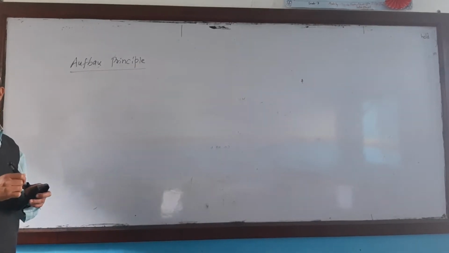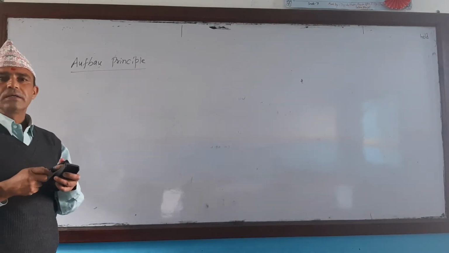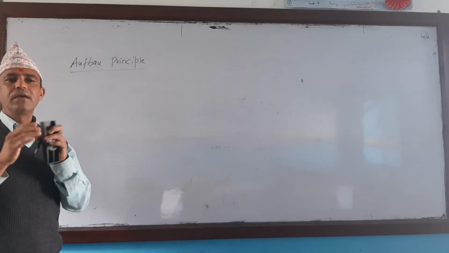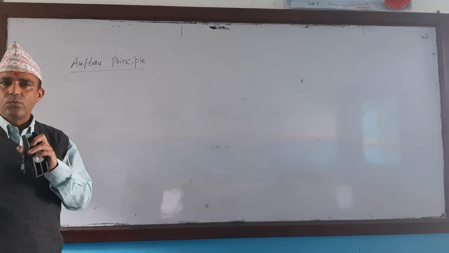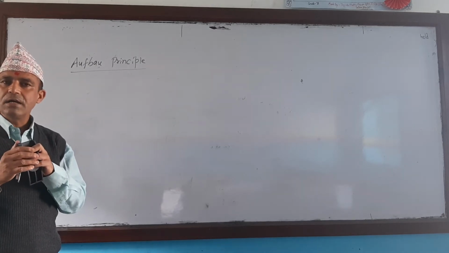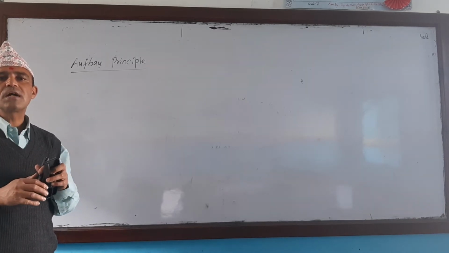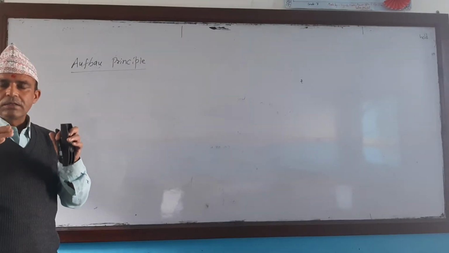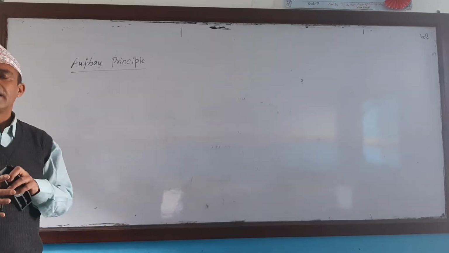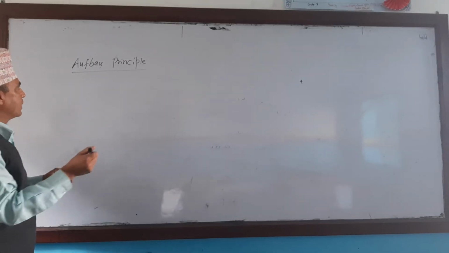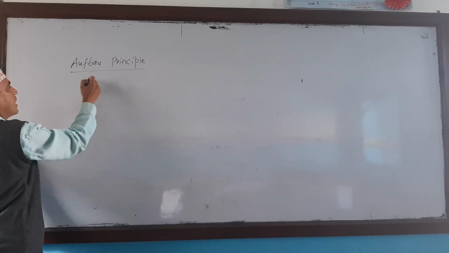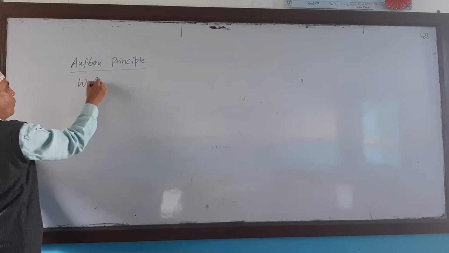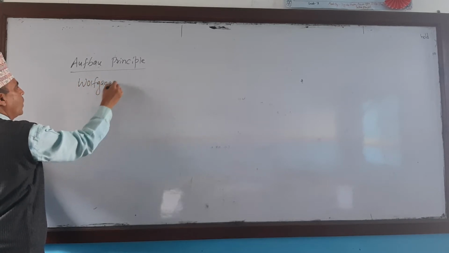What does it mean? The Aufbau principle gives us the idea of how electrons are distributed or kept in the atom systematically. It was given by the German scientist Wolfgang Pauli.